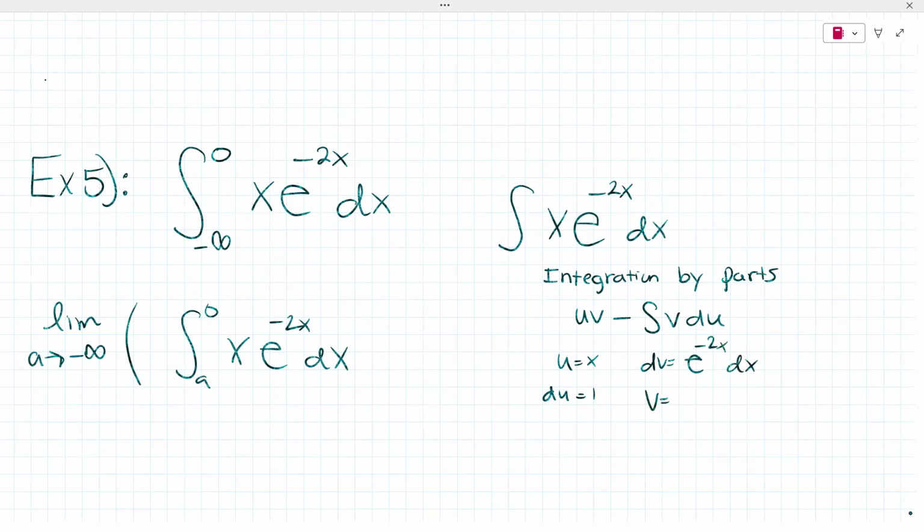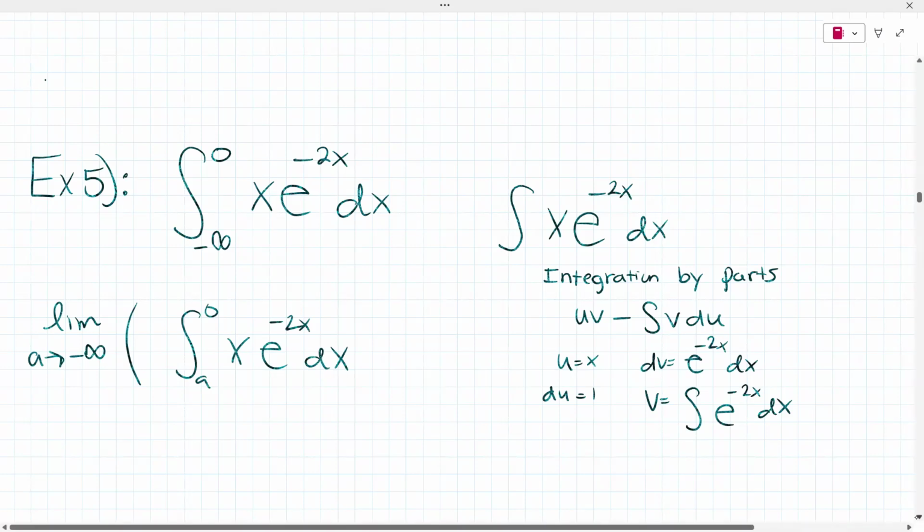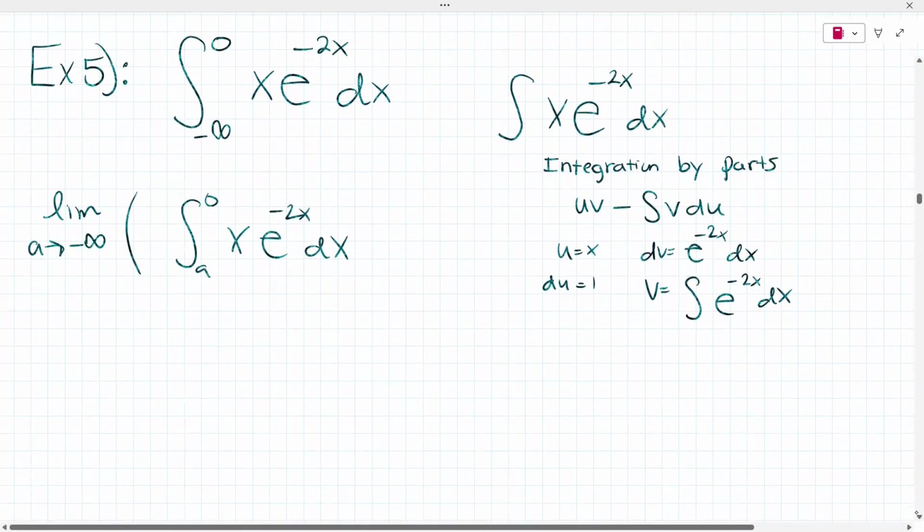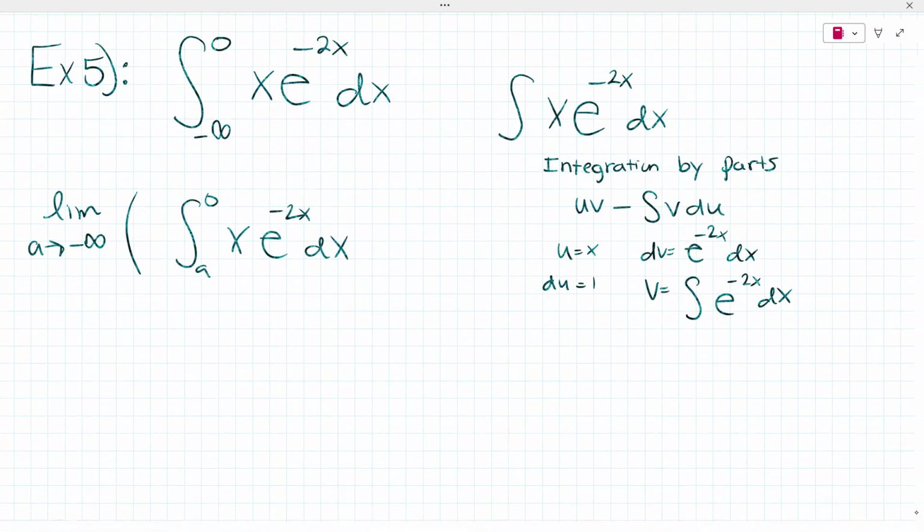And my v is going to be the integral of e to the negative 2x dx. What's the integral of e to the negative 2x? That is itself divided by the derivative of the power, which is negative 2.